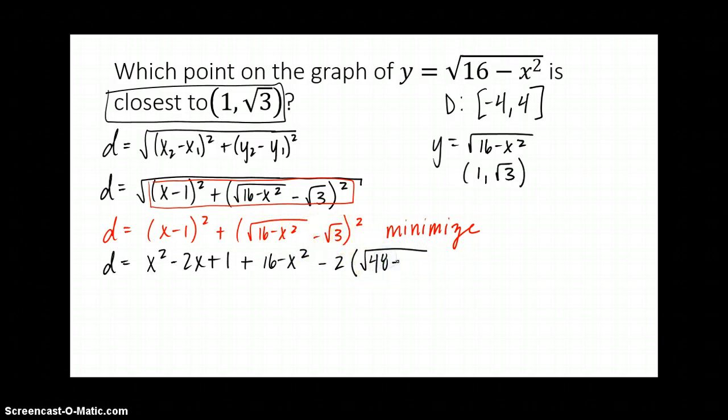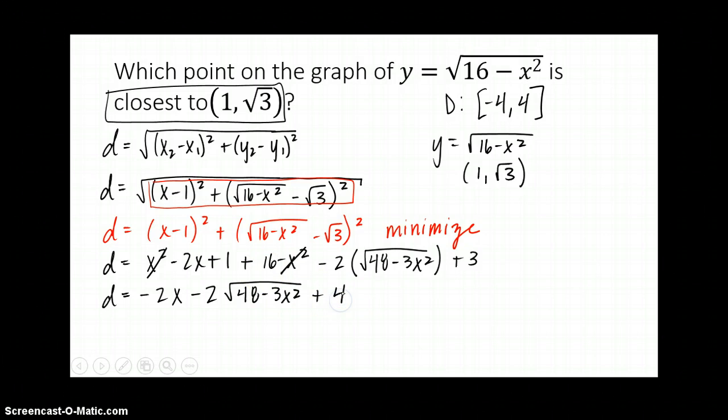So I get 48 minus 3x squared. Square the last term. Alright, combining some stuff. My derivative is -2x minus 2 times the square root of 48 minus 3x squared, and then 3 plus 1 gives me 4.